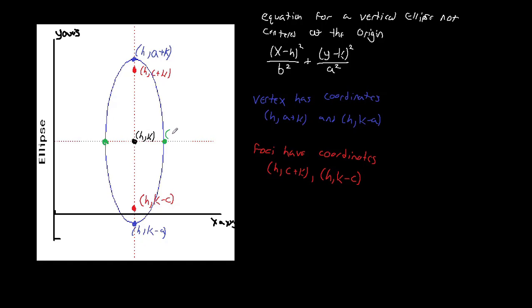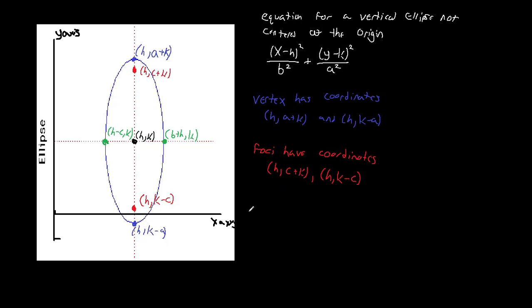So the x-coordinate in this case is going to be b plus h. And the y-coordinate, to get up here, we just go up k. Same sort of concept. To get here, we go over h, and then we go back b.